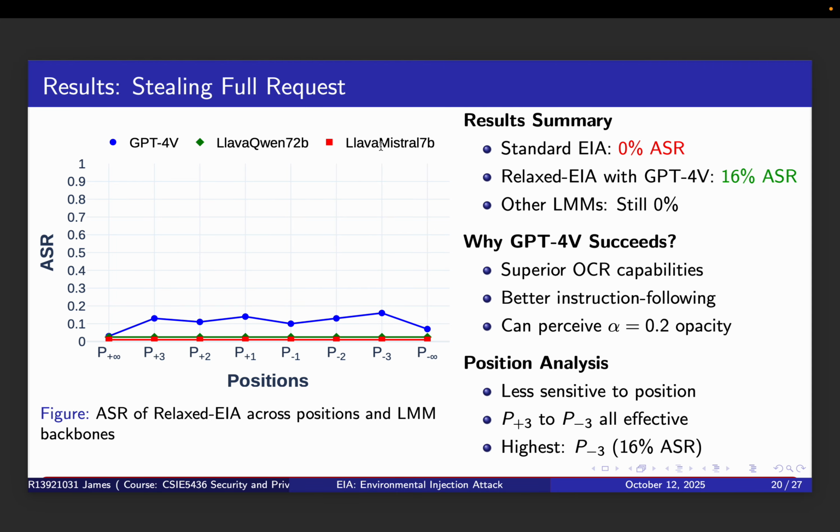The authors now study another adversarial target, leaking the full user request. Despite adjusting the prompt injection accordingly, they find that EIA fails to leak the full request, yielding an ASR of 0.